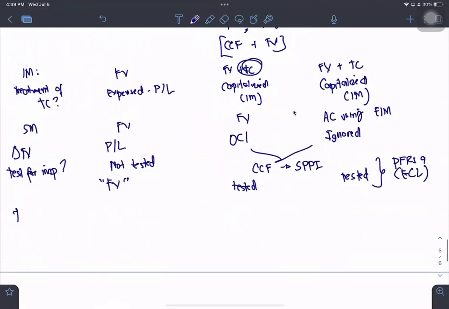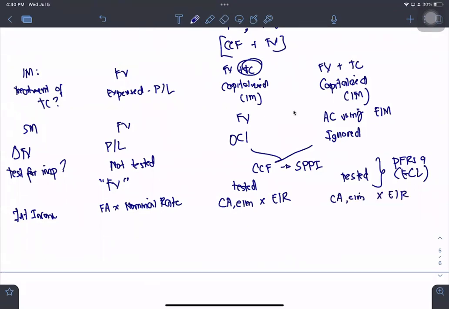Next, as to your interest income. Under FVTPL, interest income is equal to your face amount multiplied by your nominal rate, or the coupon or stated rate. While for FVTOCI, it is the carrying amount based on your effective interest method multiplied by your effective interest rate. For amortized cost, the same, carrying amount, effective interest method multiplied by your effective interest rate.